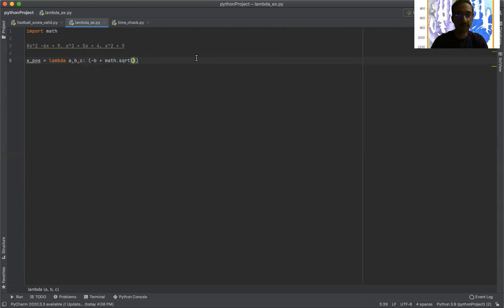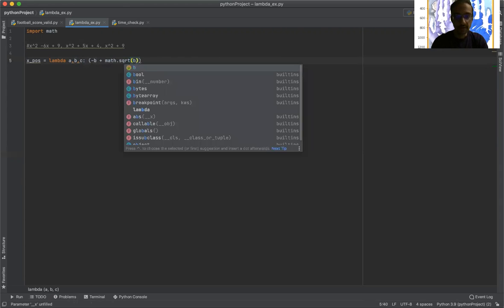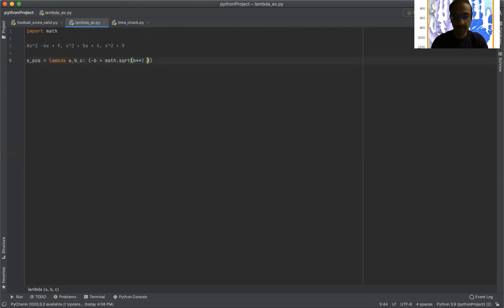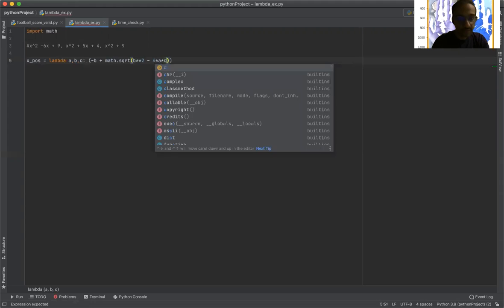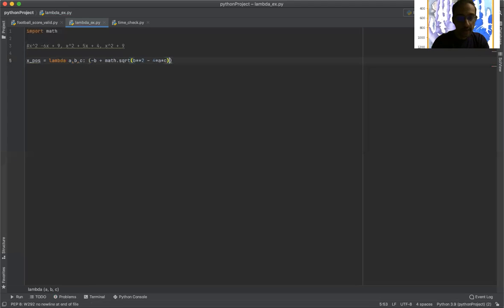So we do b double star 2 minus 4 multiplied by a multiplied by c, and then divided by 2 multiplied by a. We can put another set of parentheses there as well.